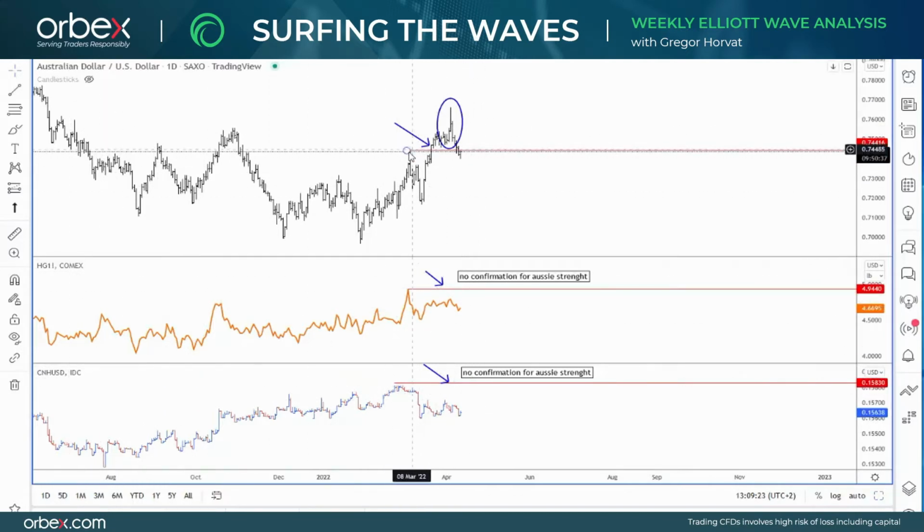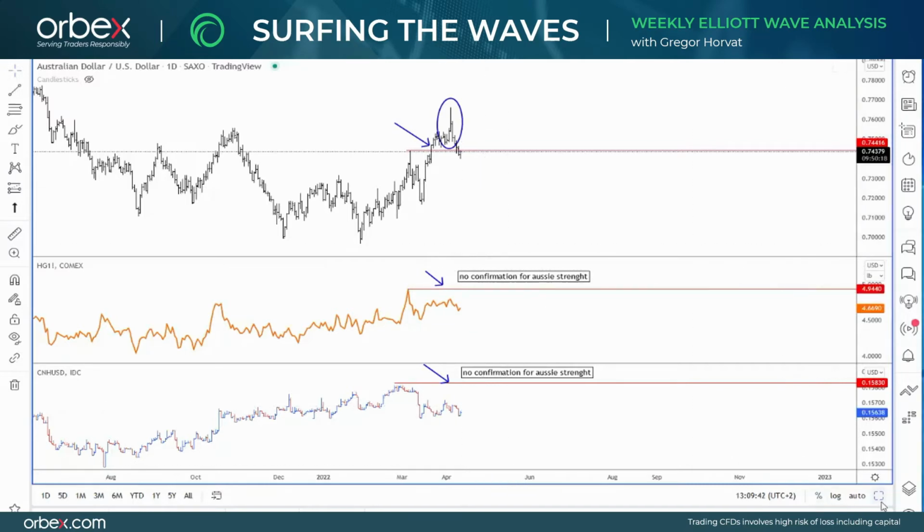You can still see that the peaks from early March on copper and Chinese yuan are still in place. So what happened? These markets, in my opinion, could see a little bit more weakness, copper as well. And if that is the case, then of course even Aussie should see more weakness.